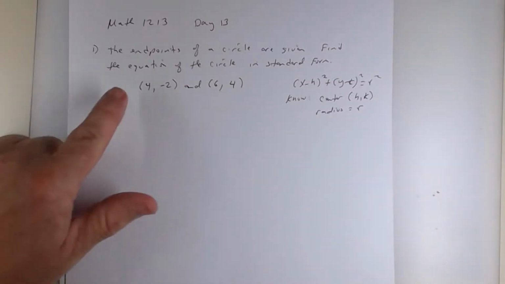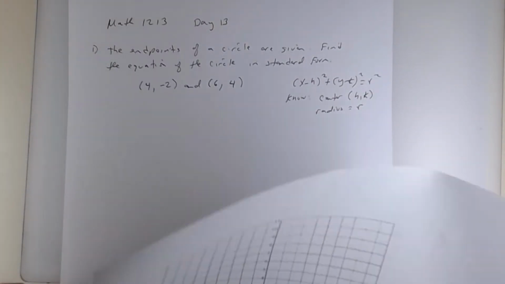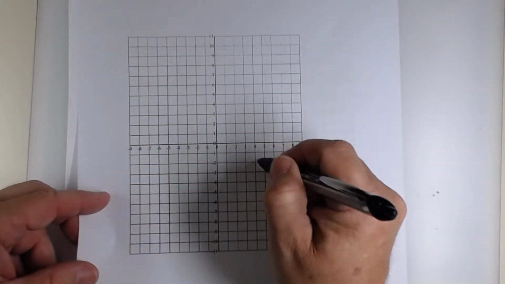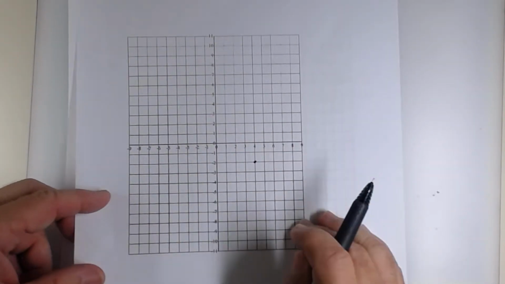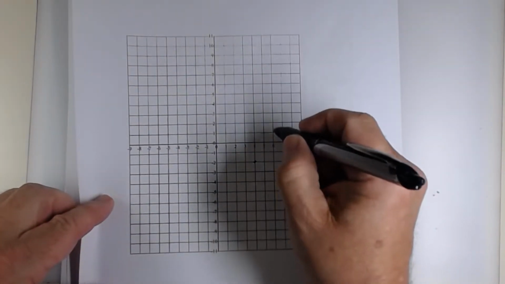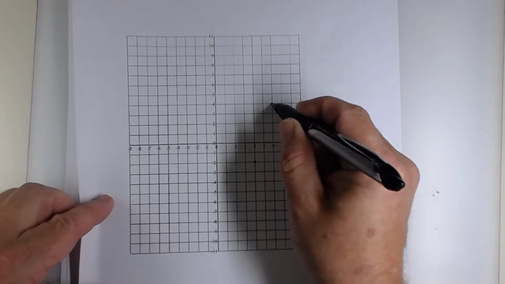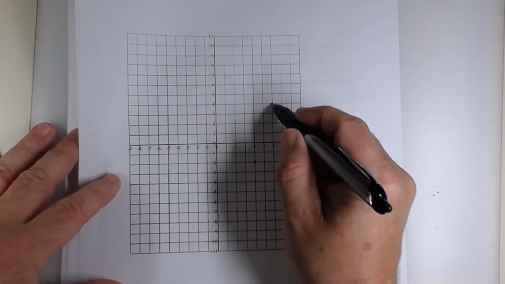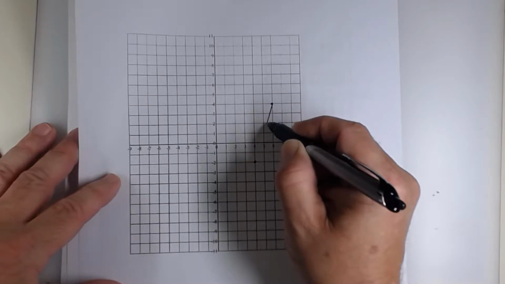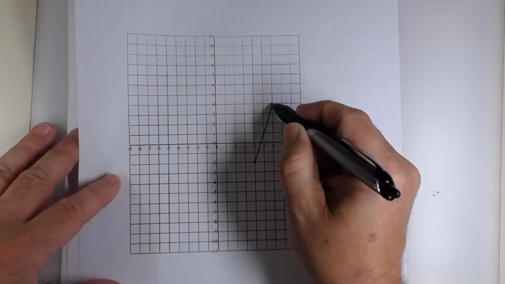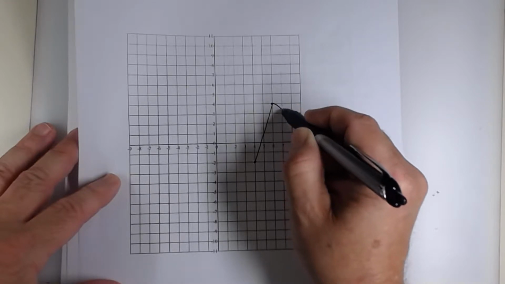All right. So these are my endpoints, right? One of my endpoints is (4, -2), so (4, -2) is right here. And the other endpoint is (6, 4), so (6, 4), let's say, is here. Okay? And so I draw this segment, and I draw the circle, and I'm doing the best I can with this circle.